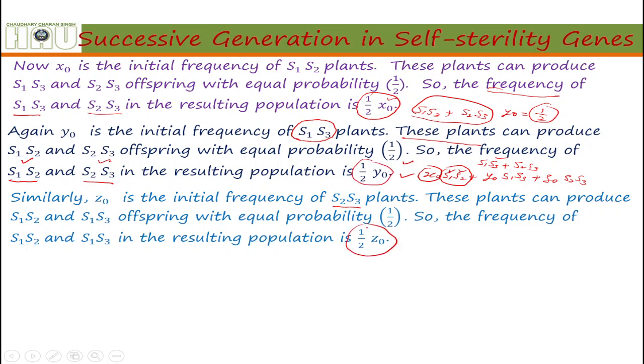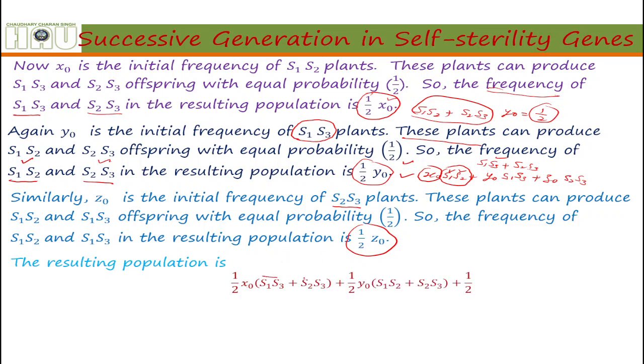Once you understand this, the rest of the things are very simple. What is the resulting population? It is half X0 (S1 S3 plus S2 S3) plus half Y0 (S1 S2 plus S2 S3) plus half Z0 (S1 S2 plus S1 S3).